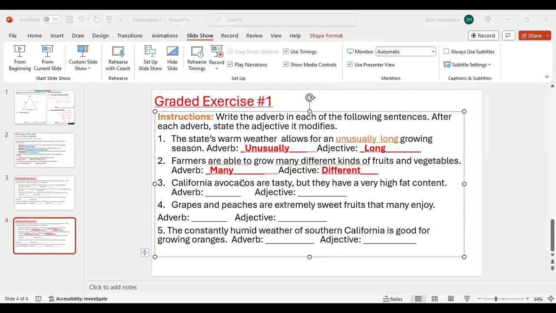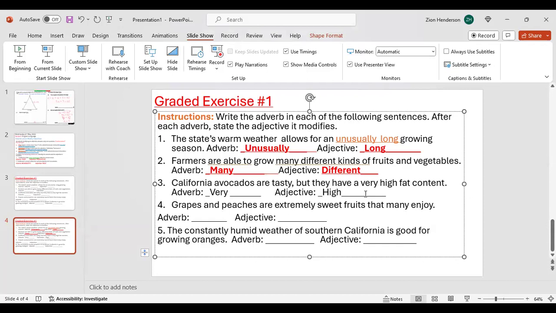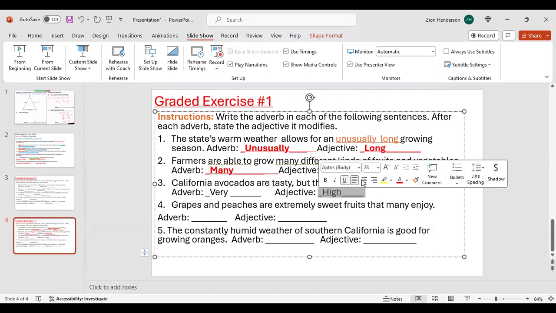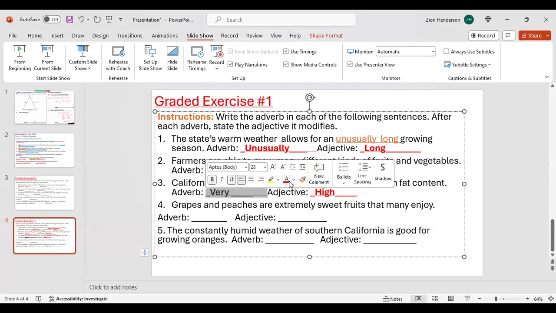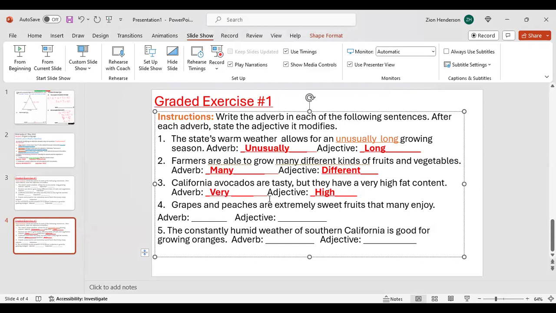So what is the adverb? Very. What's the adjective? High. High, very good. How many persons had very and high for their answers? Very and high are the answers. If you got it, please put a tick. If you got it wrong, please put an X.